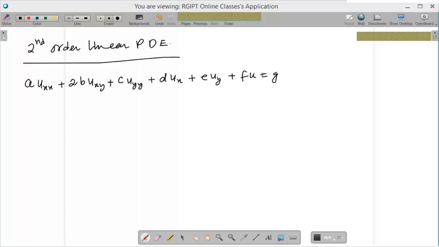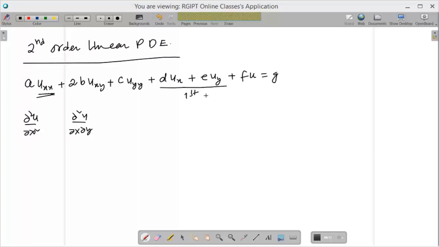I have a uxx. The derivatives present can be mixed or unmixed; the highest order is 2. That uxx would mean del square u by del x square. Uxy would mean del square u by del x del y, and so on. These are the first derivatives. These are the second derivative terms.